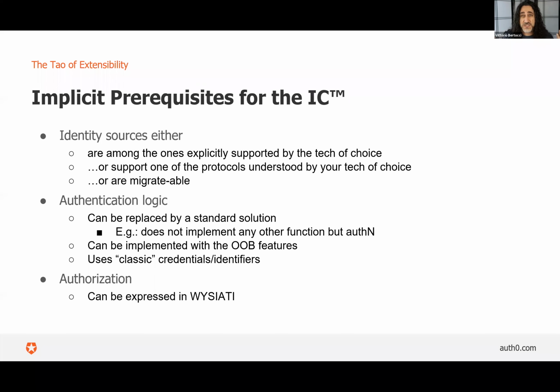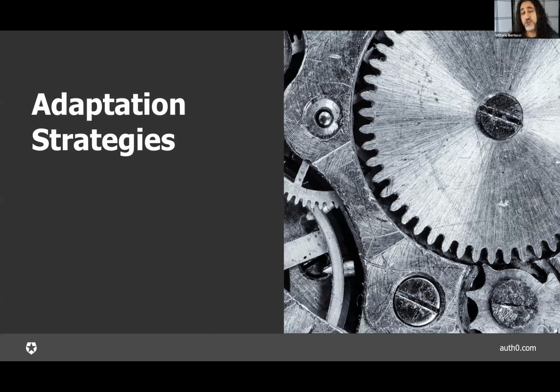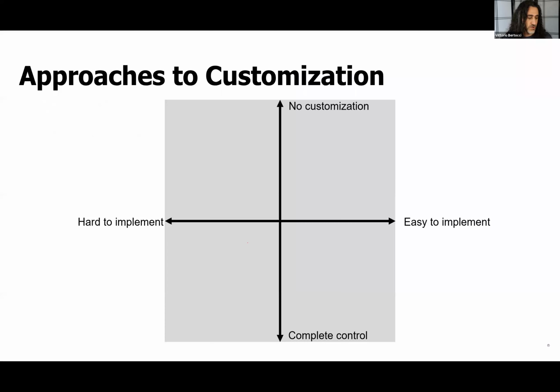Out of the box, it's hard to have something which is already just a checkbox for this kind of really peculiar check. So those are all things that might not work out of the box and that you might need to solve in your identity project. Now, how do you typically do that?